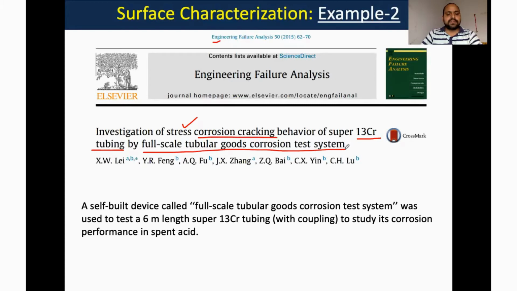So basically it's a 6-meter long 13 chromium tubing with coupling, having one tube joined with another, to study its corrosion performance in spent acid. Spent acid means a mixture of acids or something else. We'll discuss it later in the article.